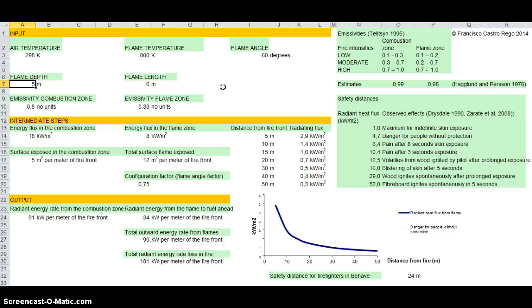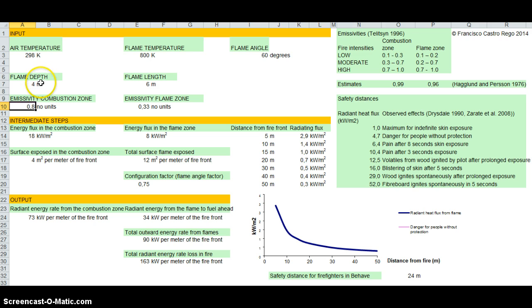If the depth of the flame is quite small, let's say 1 meter, then the emissivity would be much smaller, 0.55 instead of 0.96 if it was a 4-meter deep flame. So we can also use that as a good reference.